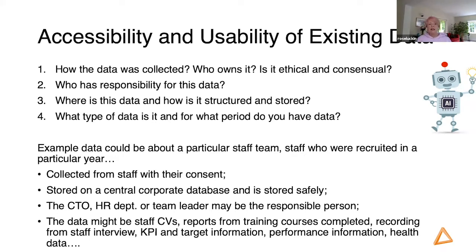But whoever it is, they need to make sure that it's securely stored. The data might be staff CVs, reports from training courses that they've completed, maybe recordings from staff interviews, could be their key performance indicators, the target information, performance information, health information. A whole lot of different sorts of information could be available.